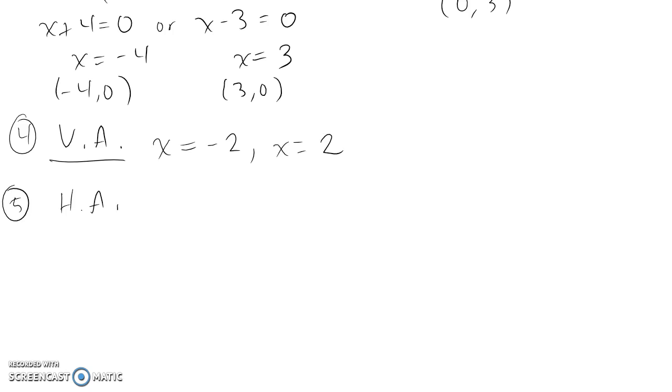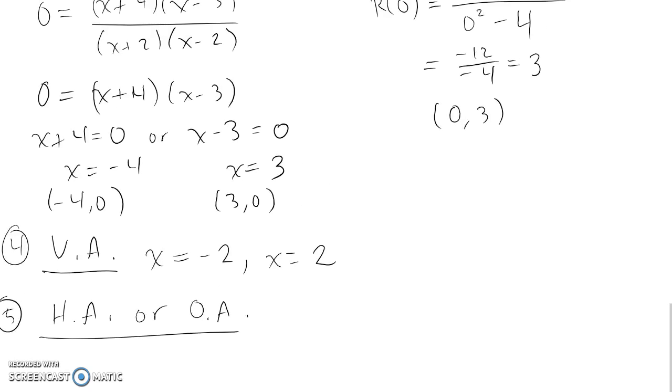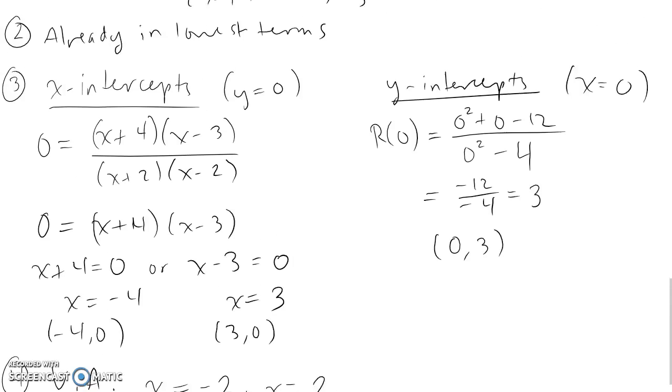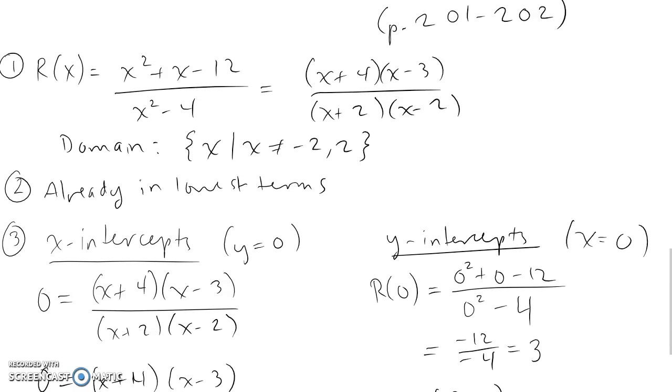Then we can go looking for a horizontal asymptote or an oblique asymptote. And then we can use the rules that I talked about before to look at degrees of the numerator and the denominator. So if I look at the original function here, they're both x squared, right?